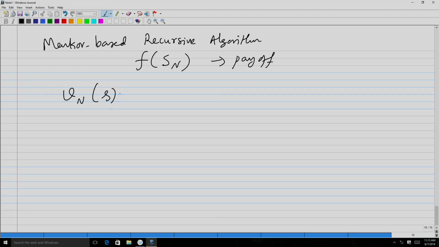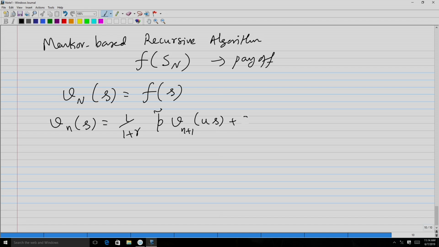My V N at S is f of S, and my V at other times n prior to this would be P tilde of V of n plus 1 at U S, plus Q tilde V at n plus 1 at D times S, for n equal to N minus 1, N minus 2, all the way up to 1, 0.